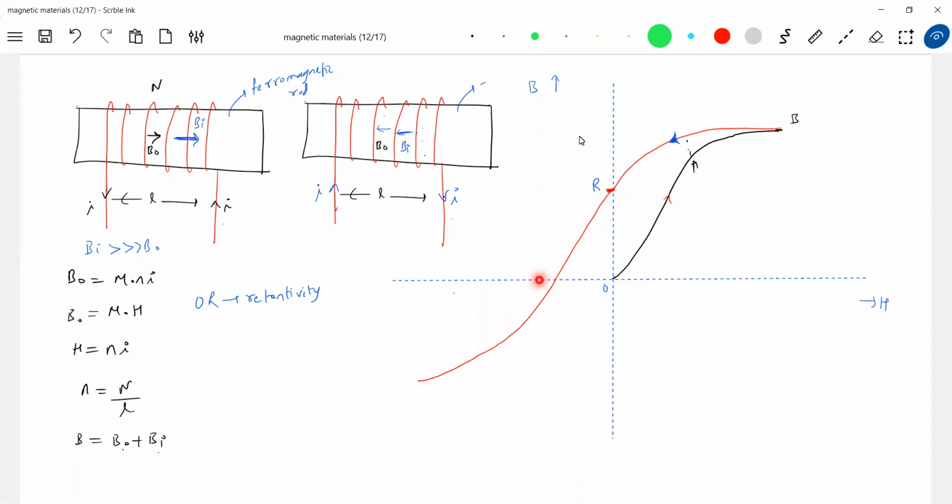The net magnetization has become zero. So this is called coercivity. So what is OR? OR is called retentivity, residual, retains, and OC is called coercivity.